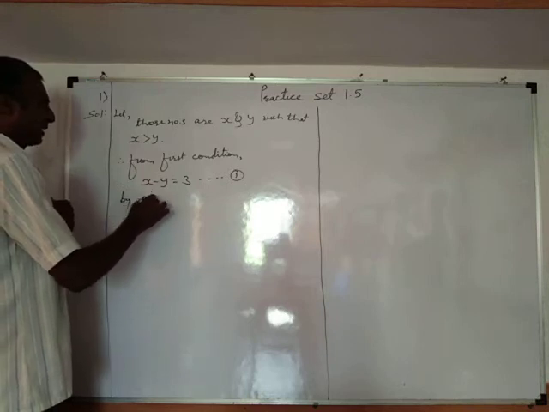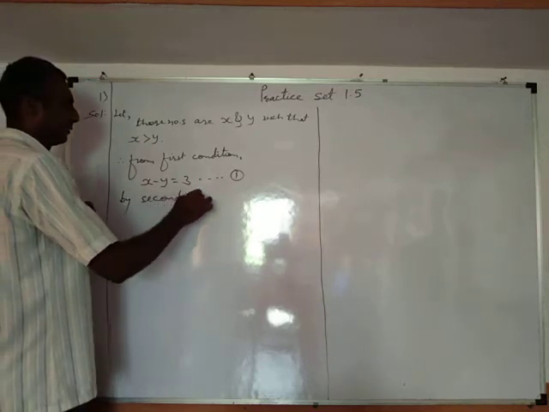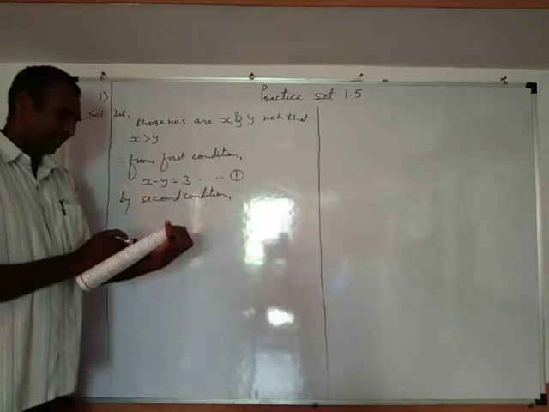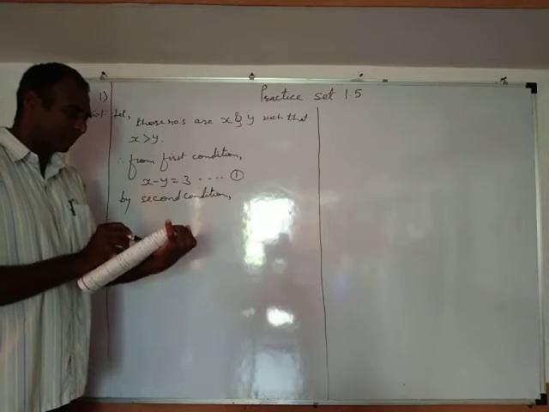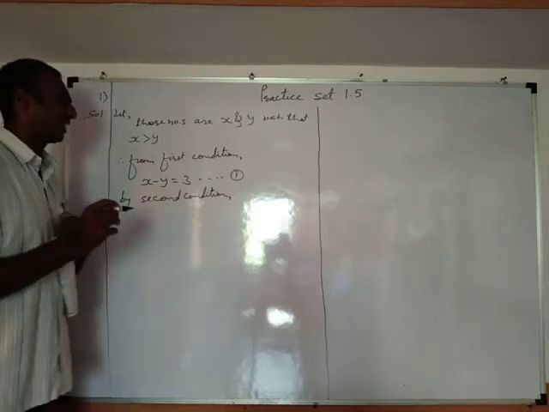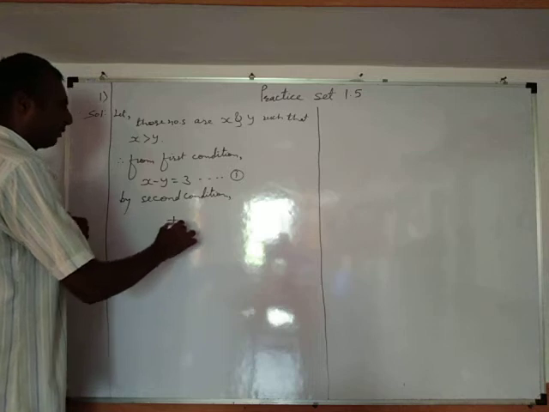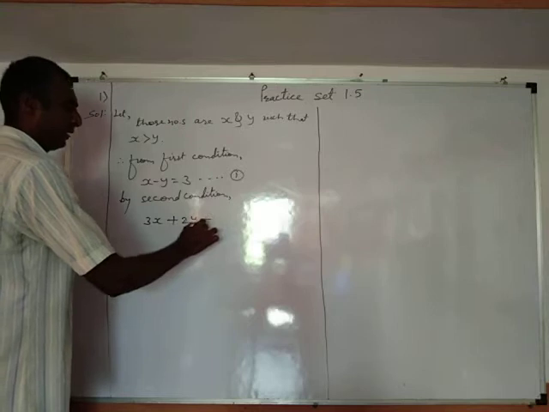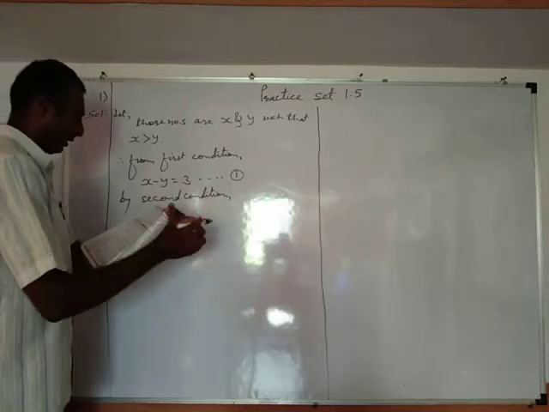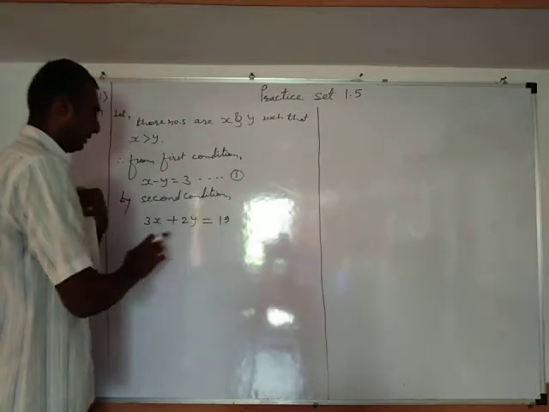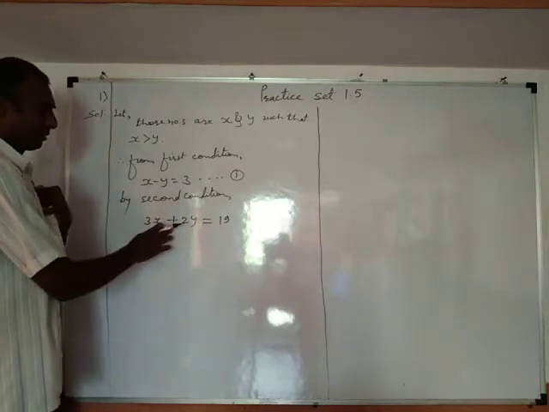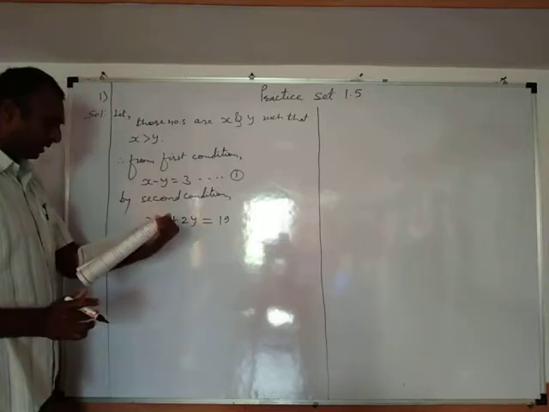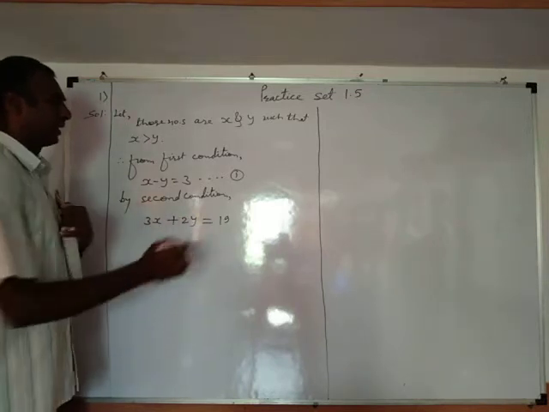By the second condition, what is the second condition? The sum of twice the smaller number and thrice the greater number is 19.